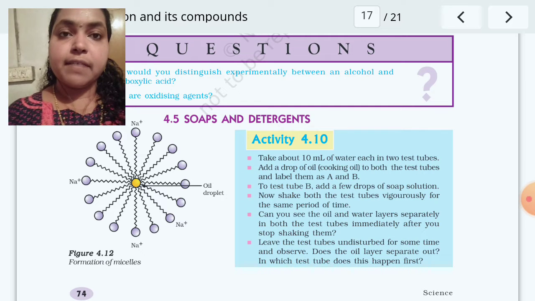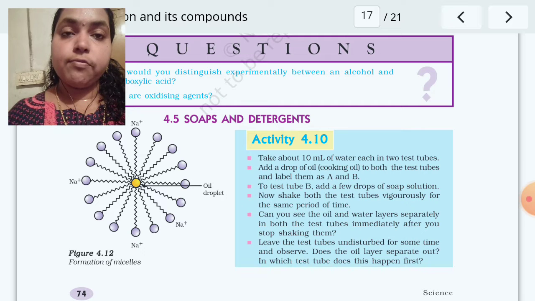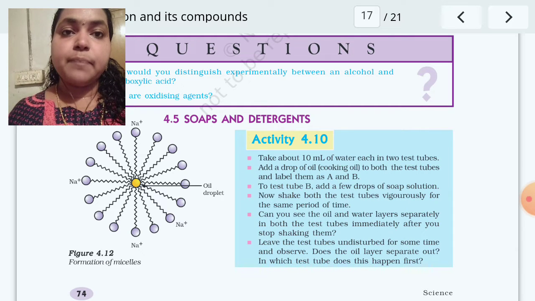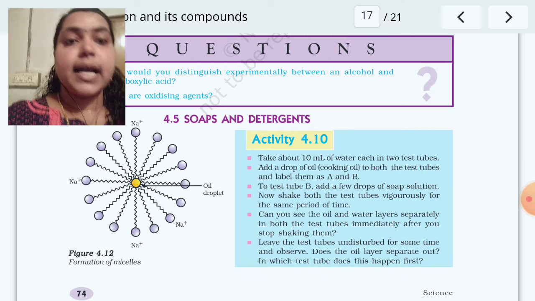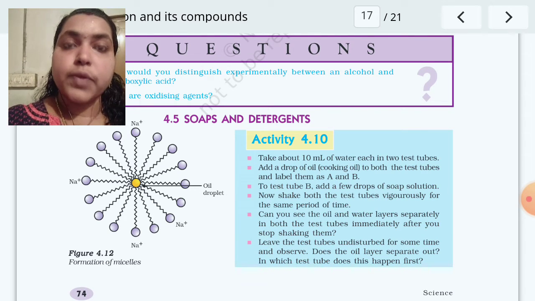In a soap molecule, the head part is always hydrophilic and the chain part is hydrophobic. You can see that in the picture, figure 4.12.